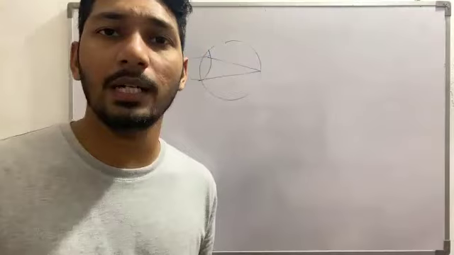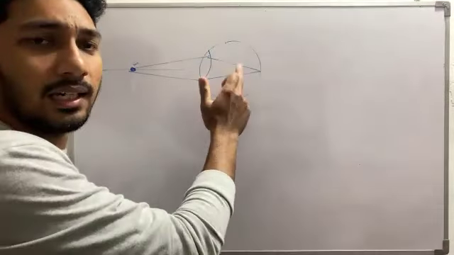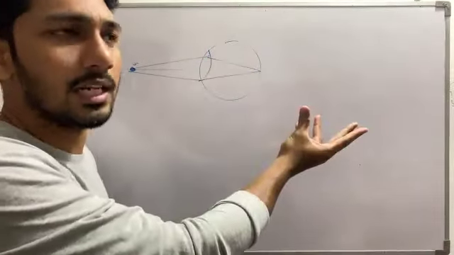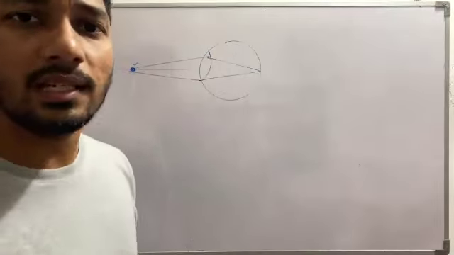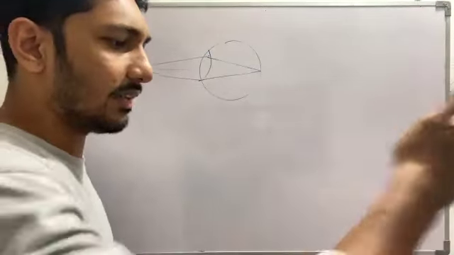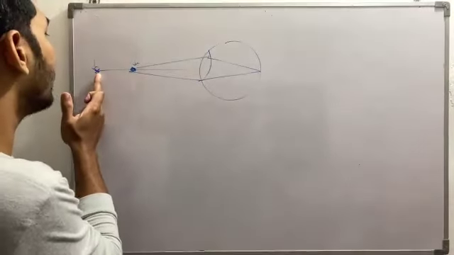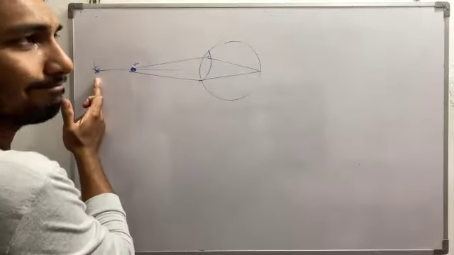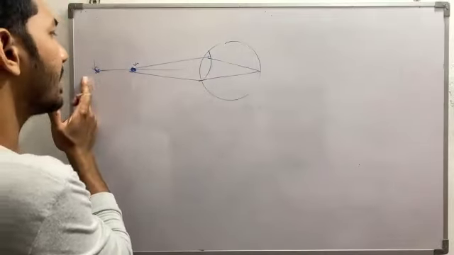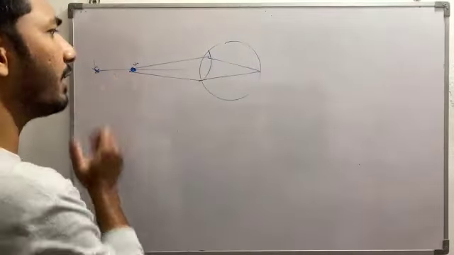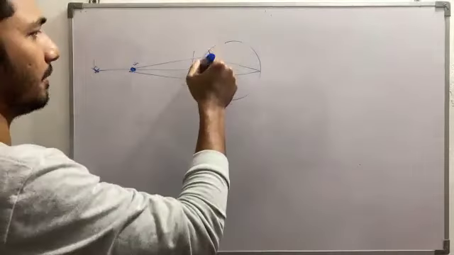The lens is working properly, but his eyes are kind of deteriorating. That's why the near point is increasing, right? So now the near point is somewhere else. So to increase the image distance, he has to move the object also away from the lens. So the lens will be somewhere here.